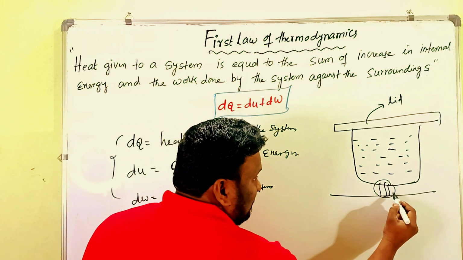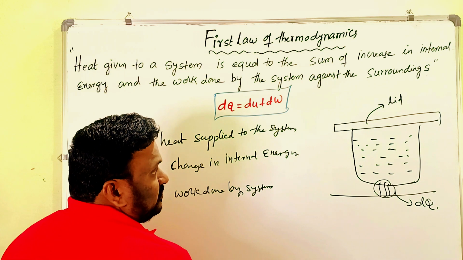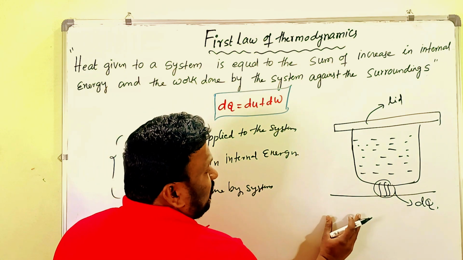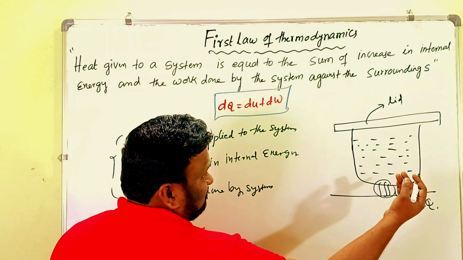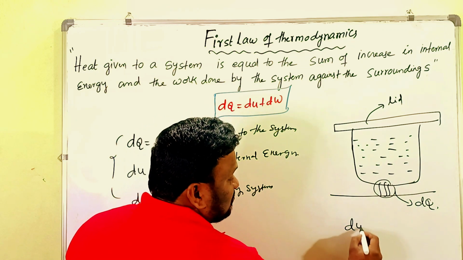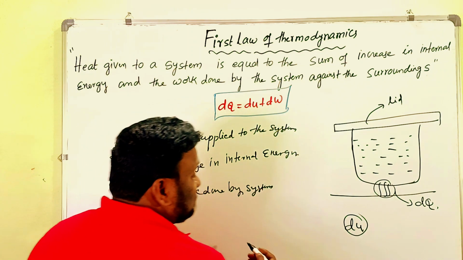We are giving heat, that is dq. While we are heating the water, you can observe that the temperature of the water increases. That increase in temperature is nothing but the change in internal energy.